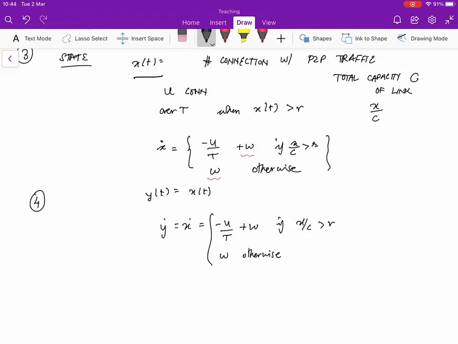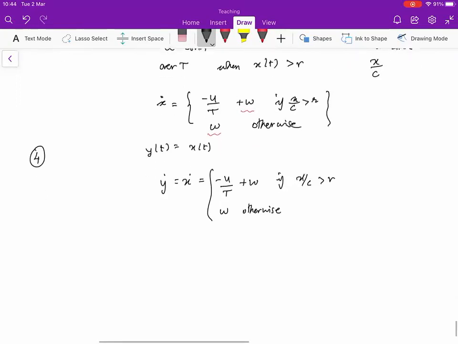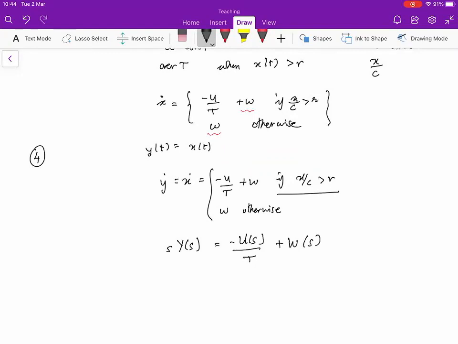So when we do the transfer function, let's just for the moment assume that this is going to be true. So we'll just look at that. So then it'll be s y of s equals minus u of s over t plus w of s. And that is going to be the value for when this condition holds over here, if x is greater than r.